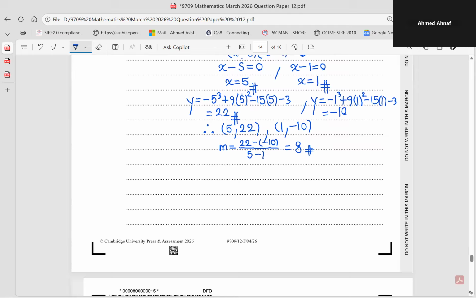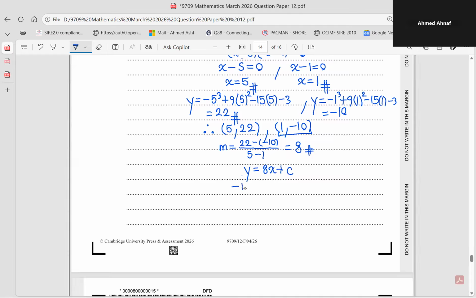Okay, and now we're going to add it into the general form of the equation of a straight line, which is y equals mx plus c. So this is just going to be y equals 8x plus c. To find c, we substitute either one of the coordinates into the equation. So I'm going to substitute this one: y is negative 10 and x is 1, and then c is just c.